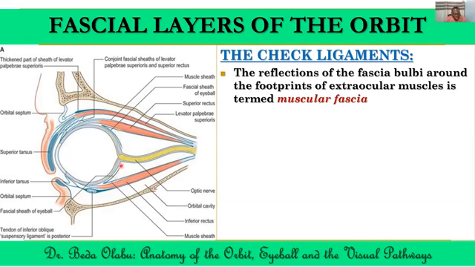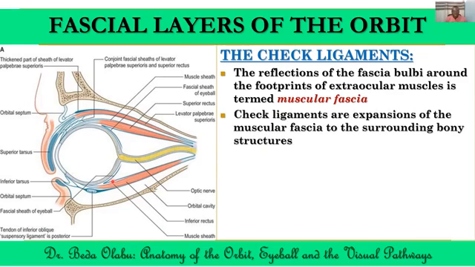And those extensions of the capsule into the muscle, like this one, is what we call the muscular sheaths or muscular fascia. So the muscular fascia that surround the extraocular musculature are generally extensions of the fascia of the eyeball into the muscles.